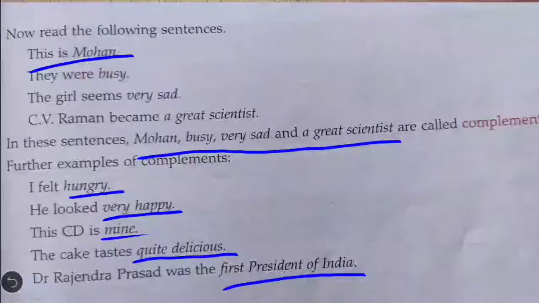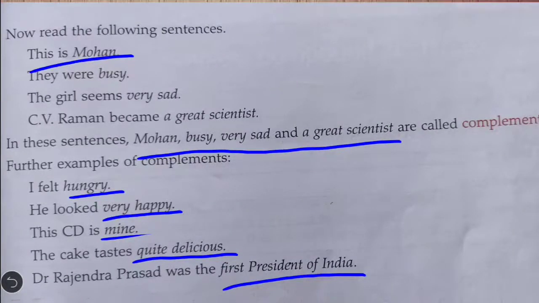But here the person himself becomes something. So here, like great scientist, very sad, busy, happy, sad, etc. is a complement which gives complete meaning. But to complete it, they have used a complement, not an object.